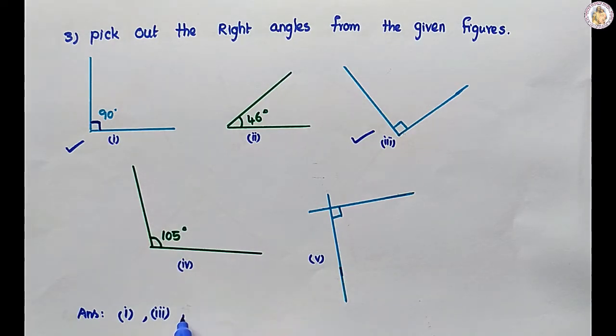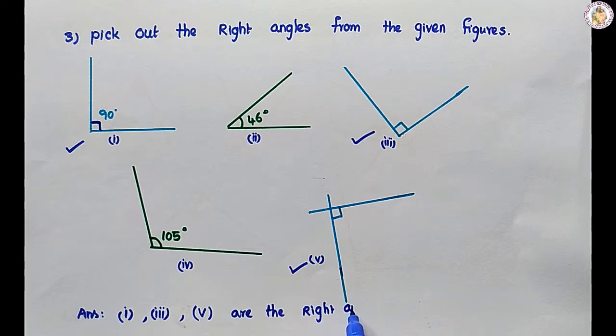Then fifth one is also 90°, that is also right angle. So 1, 3, 5 are the right angles. That is the answer. Very easy, no?